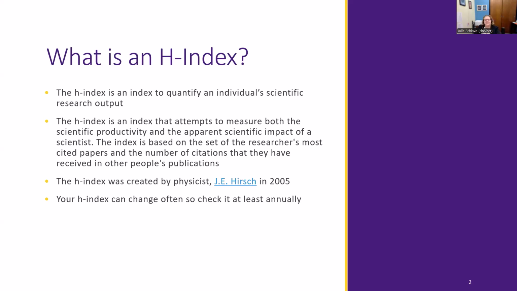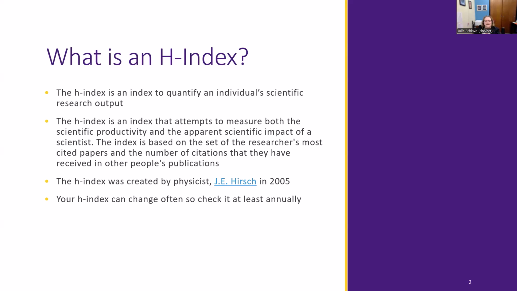It was created in 2005 by a physicist, J.E. Hirsch, and that link will take you to his article. It was published in the Proceedings of the National Academy of Science.